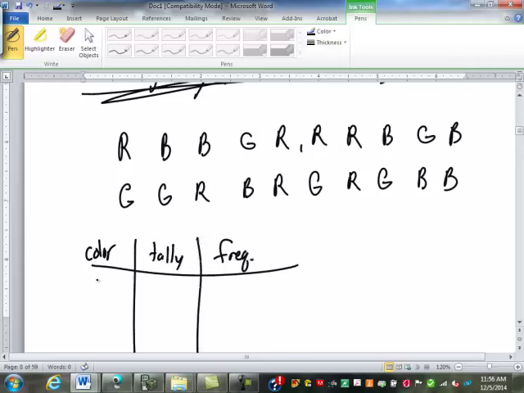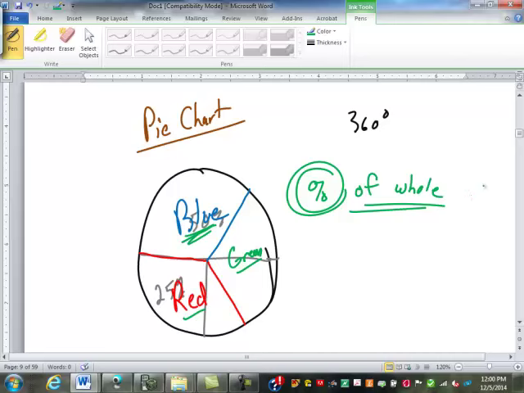But the pie chart is good as far as being able to identify really quickly which one has the bigger slice. And a pie chart usually does show percents. It's percents of the whole object or the whole amount. Like budget, what percent of your budget goes for heat, or what percent of your budget goes towards maintenance and stuff like that.